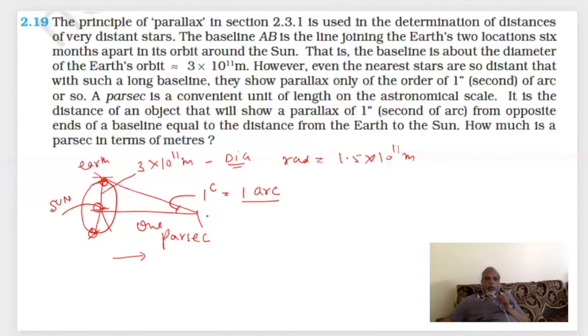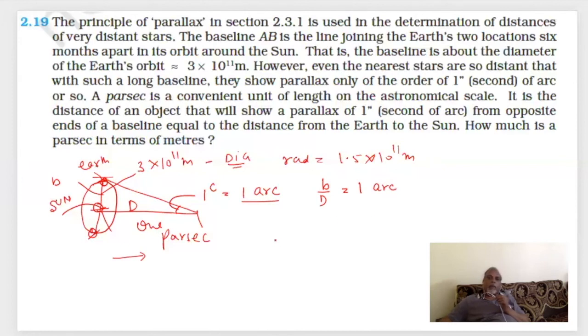Suppose this is B, this is D, so B upon D is equal to 1 arc.